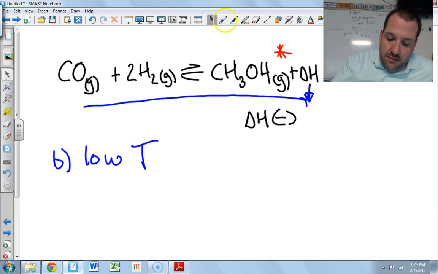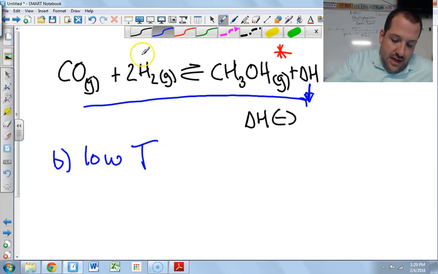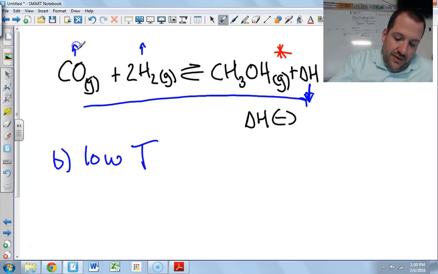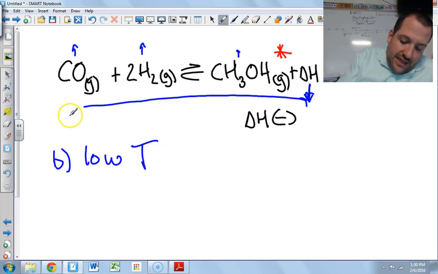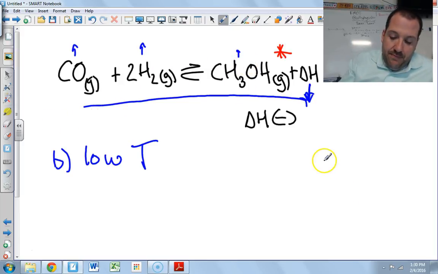So by increasing the pressure, that means you're going to increase all of these things, and the reaction then is going to shift this way. If you decrease the pressure, the reaction is going to stay this way, because the products that are formed are going to want to move backward.